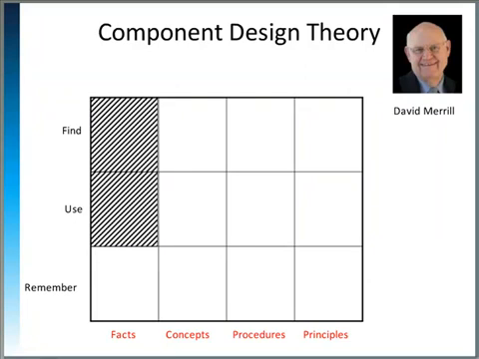Each of these cells in this table represent a prescriptive presentation form for each type of content. Note there are three types of learner performances on the left here. Merrill's point is that the learner must be taught how to use concepts or procedures, for instance, and that this is best accomplished via a specific presentation form.